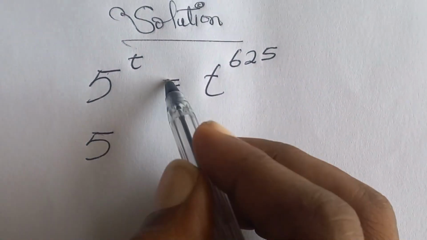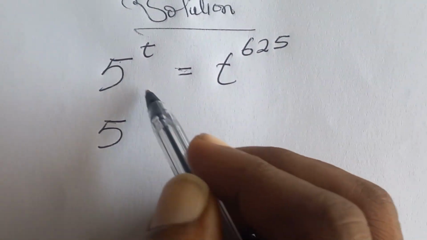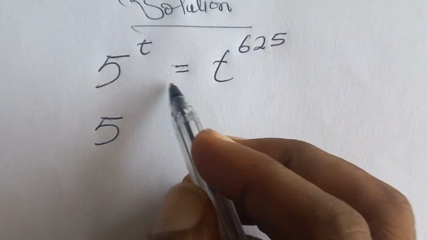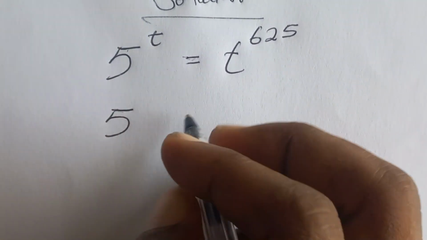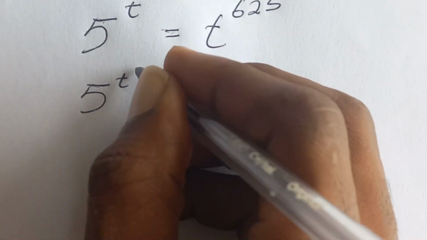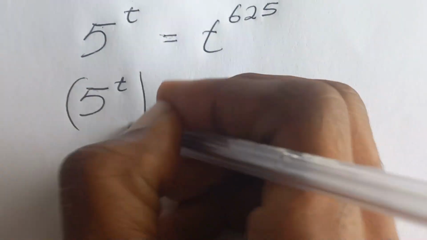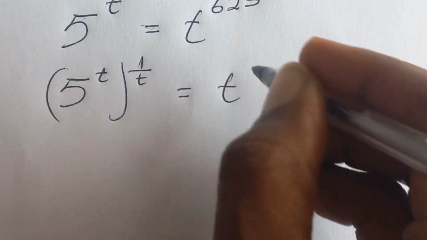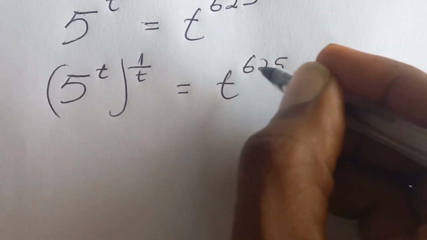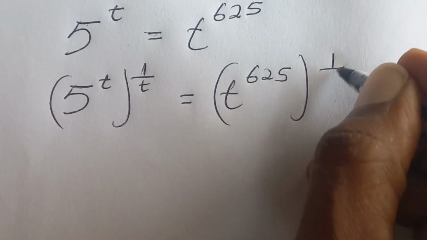Now, with this, let us take 1 over t to both exponents. So (5 exponent t) exponent 1 over t is equal to (t exponent 625) exponent 1 over t.